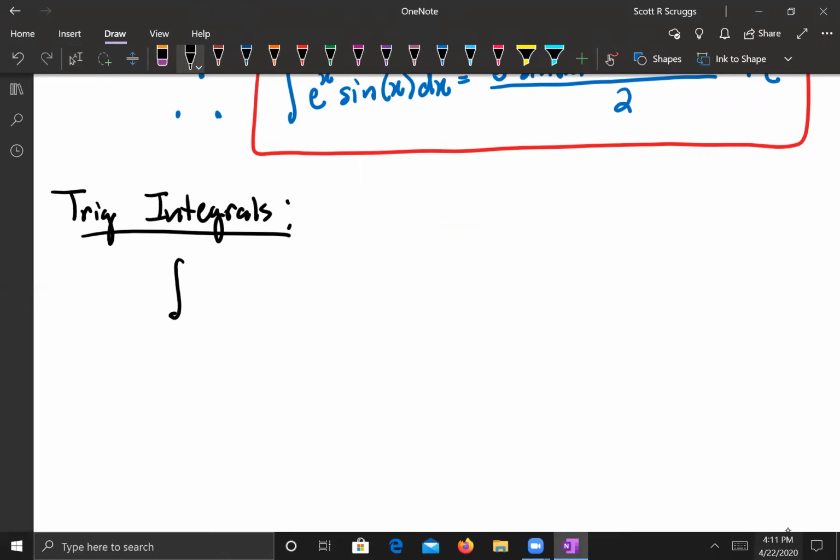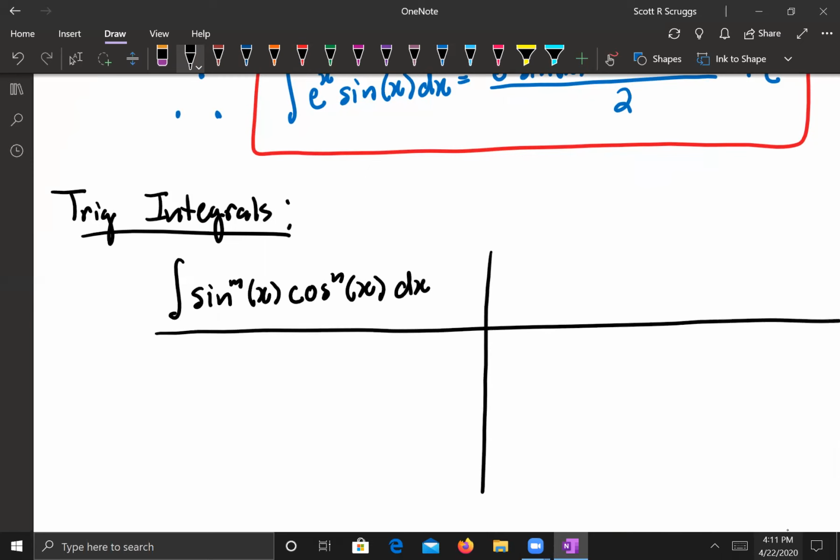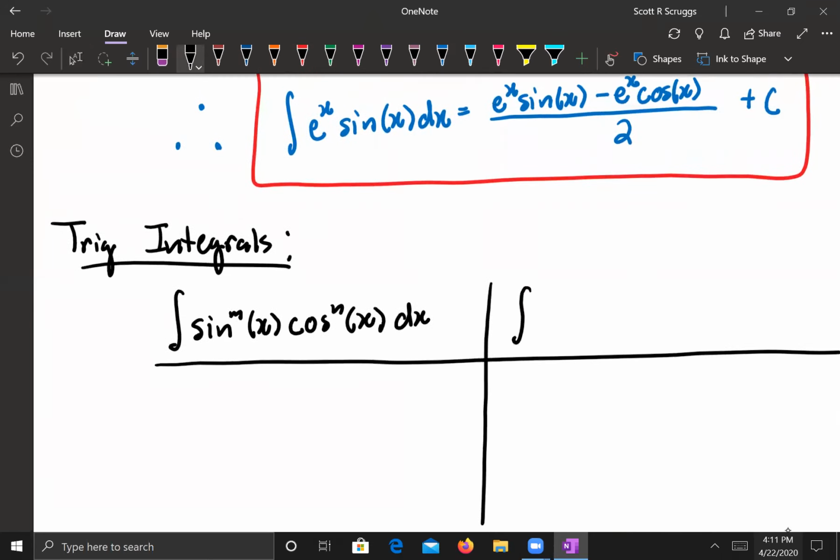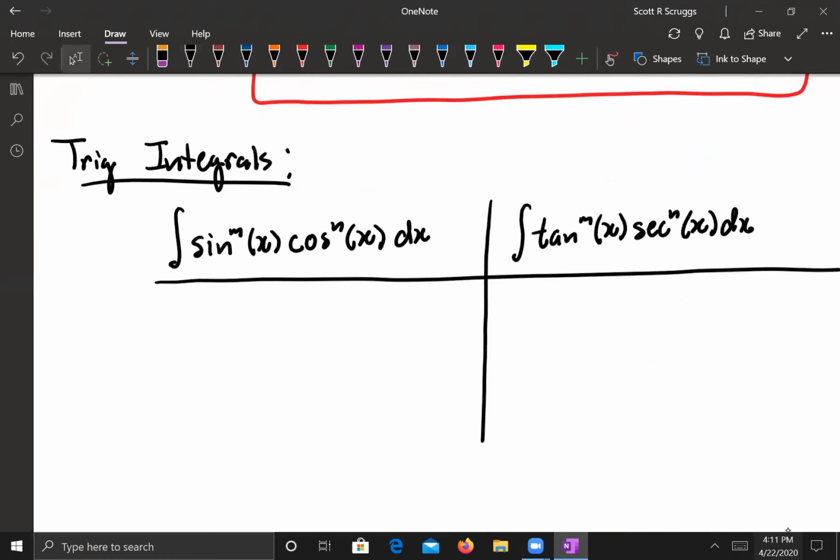Trig integrals come up when I have sine and cosine being multiplied together and raised to powers. And the other trig integral that could happen is if I have tangent times secant being raised to powers. And so let's figure out how we can tackle those two types of problems.